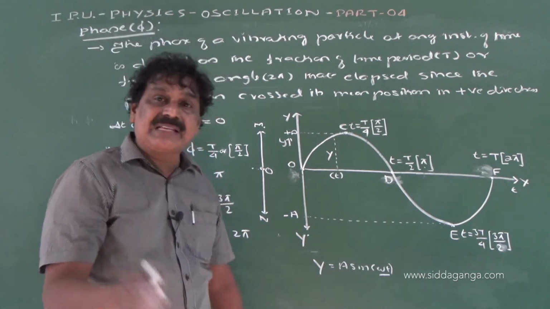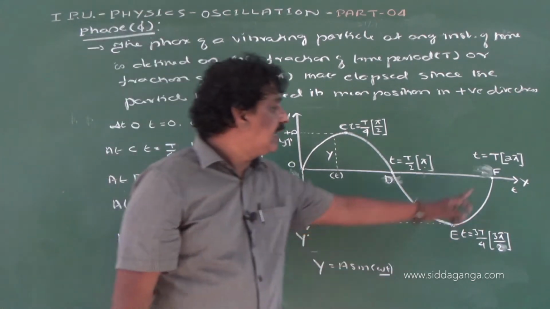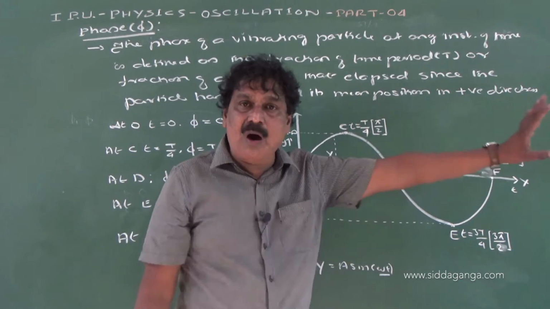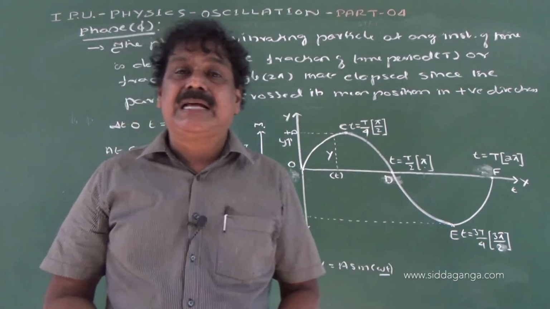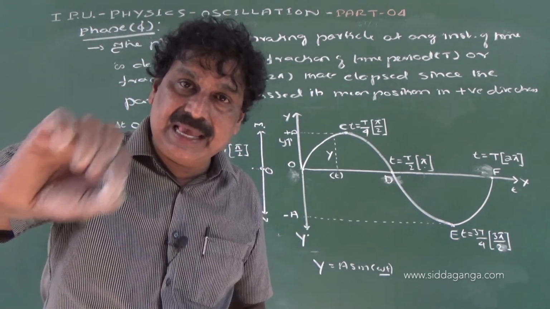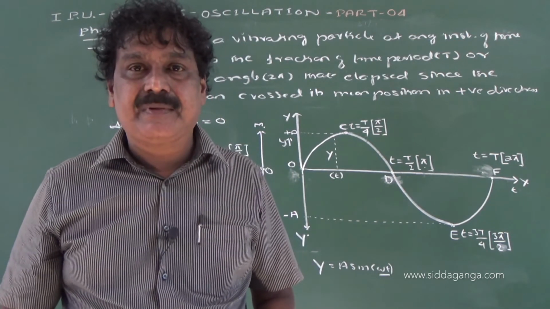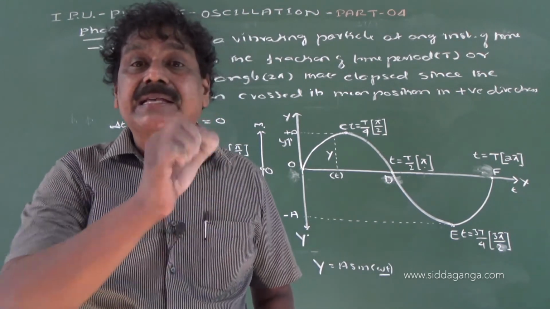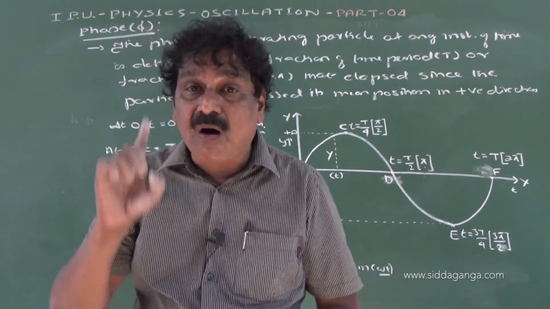When I say that the phase of a particle is T or 2 pi, that means the particle is again at mean position, but it has completed one oscillation.